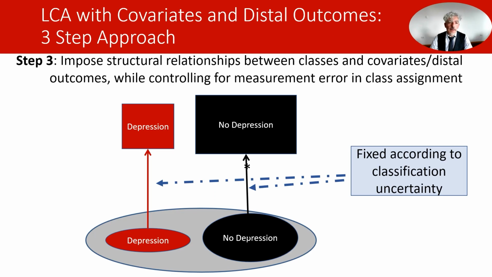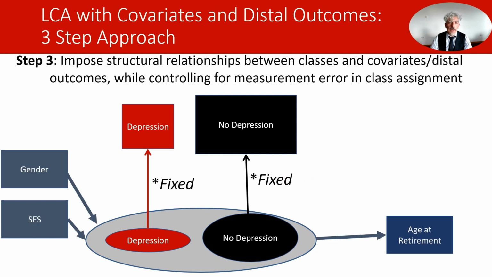And in step 3, we can use the most likely class variable of each participant that we have estimated in step 1 as a latent class indicator, but with uncertainty rates fixed at the level assessed in step 2. This basically ensures that the measurement of the latent class variable is not affected by inclusion of covariates and distal outcomes. And in fact, we can include covariates and other distal outcomes and test models like this one, because the measurement model has been already estimated in step 1.